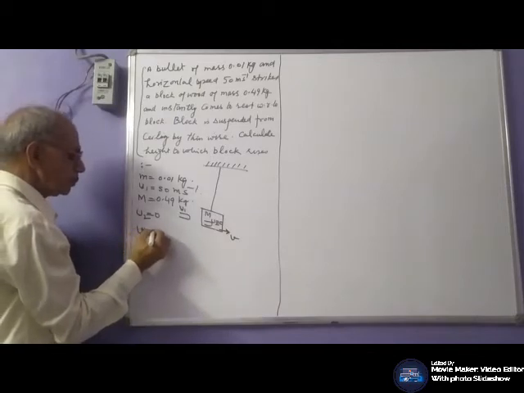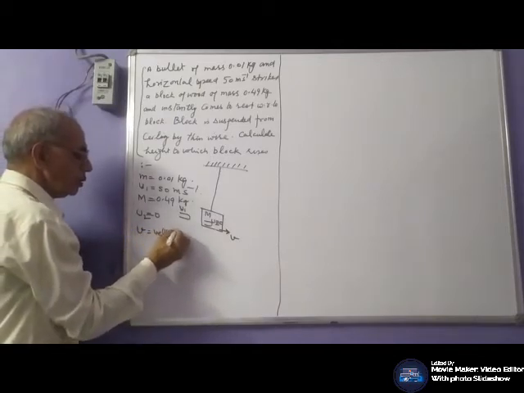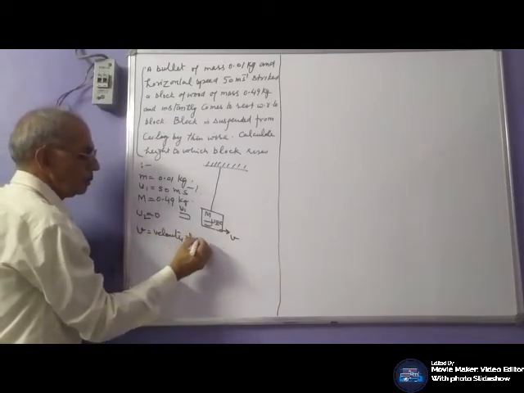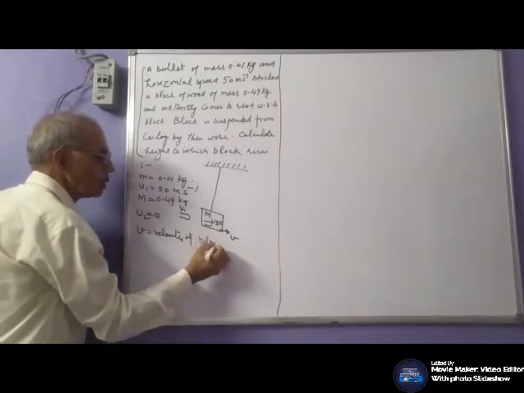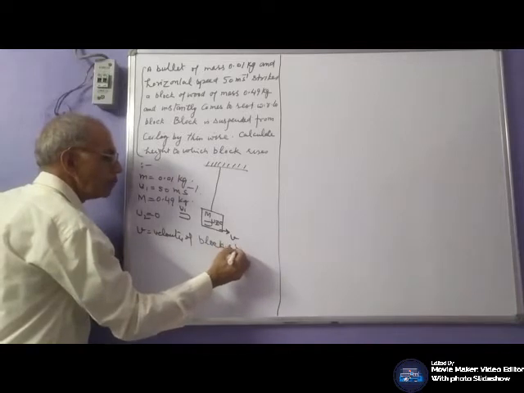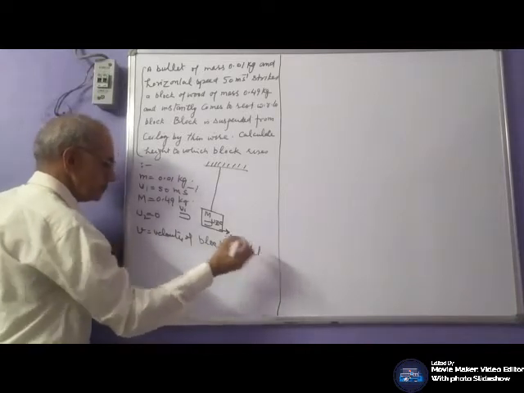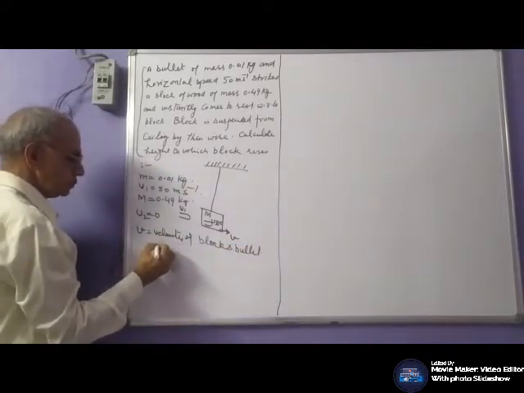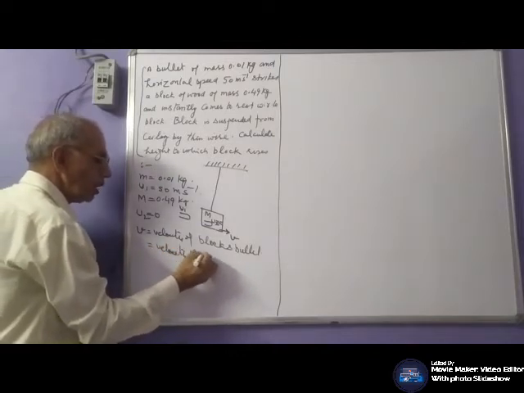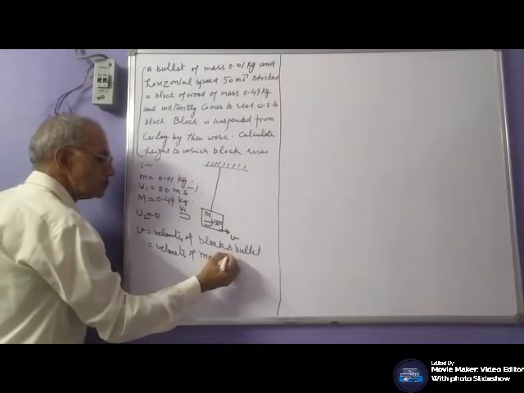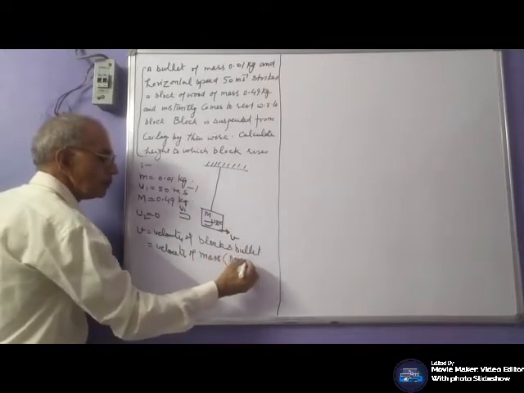V is the velocity of the block and bullet, that is the velocity of mass capital M plus small m.